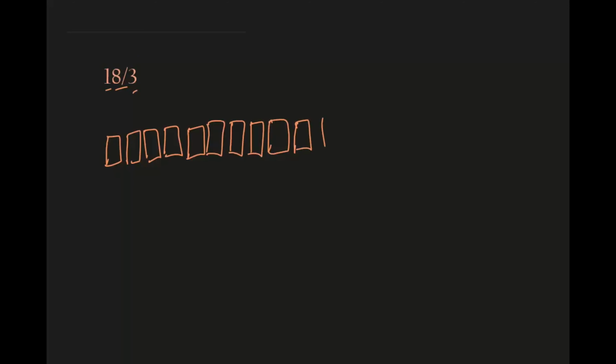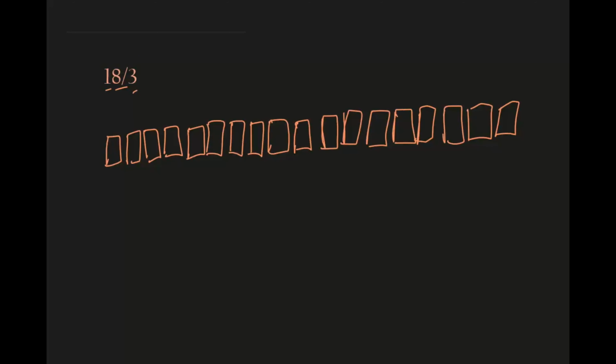So let's say we have 18 books. Let's just draw kind of rectangle kind of things for the books. So we have 1, 2, 3, 4, 5, 6, 7, 8, 9, 10, 11, 12, 13, 14, 15, 16, 17, and 18.